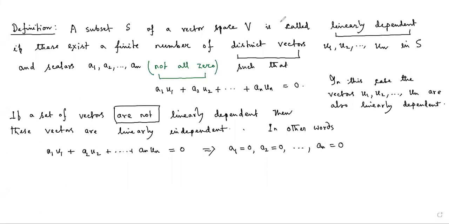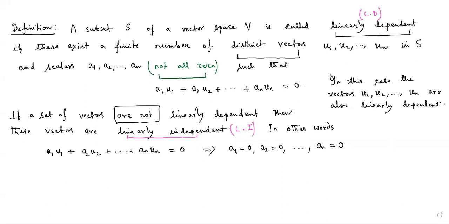This is a very important definition, and try to read the definition very carefully. To save time, henceforth I will consider linearly dependent as LD in short, and linearly independent as LI.